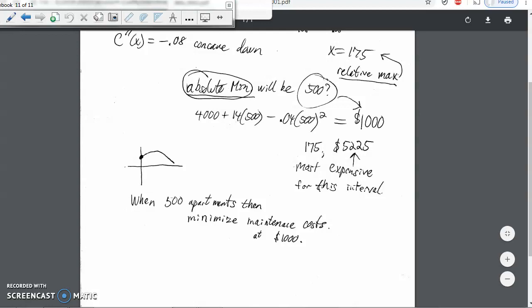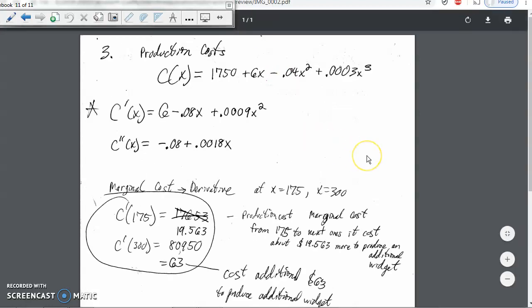Okay, on to the next problem, number 3. We have another production cost problem, and of course they're going to use the generic widgets again. And we have a cost equation.